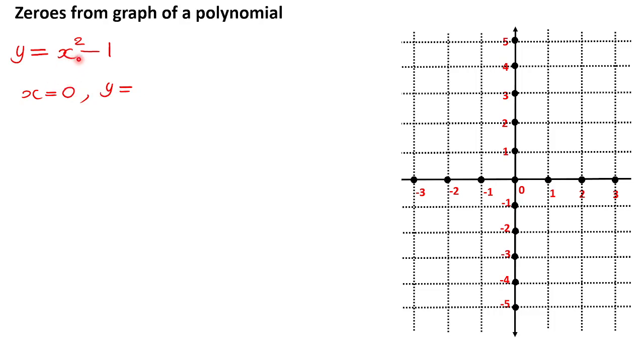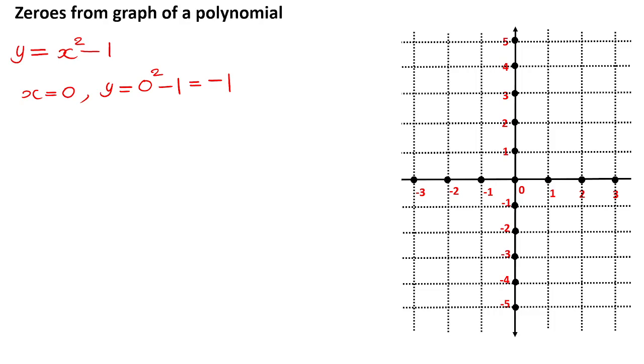Put x equal to 0 here. y will be 0 square minus 1, which is equal to minus 1. Meaning that when x equal to 0, y is equal to minus 1. When x coordinate is 0, y coordinate is minus 1. We can say like that.